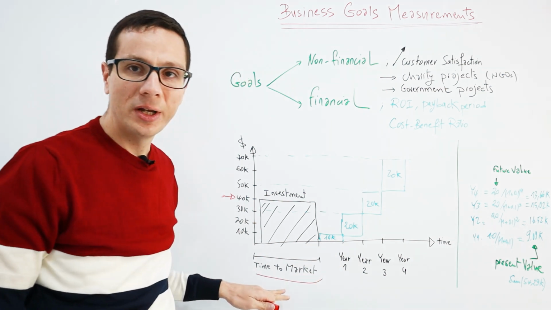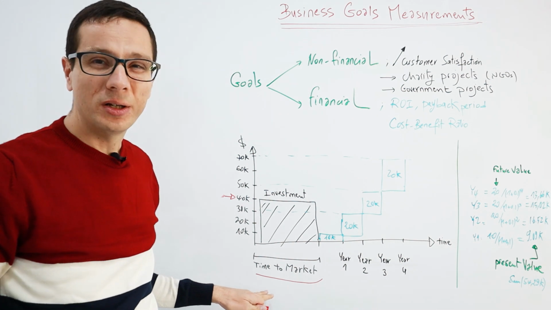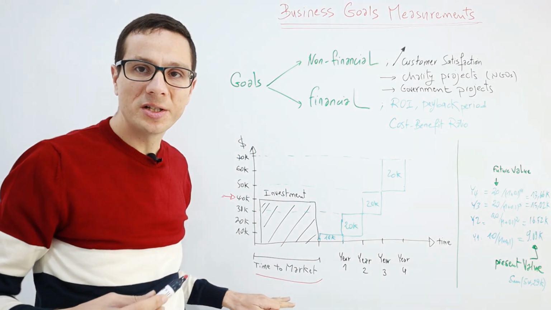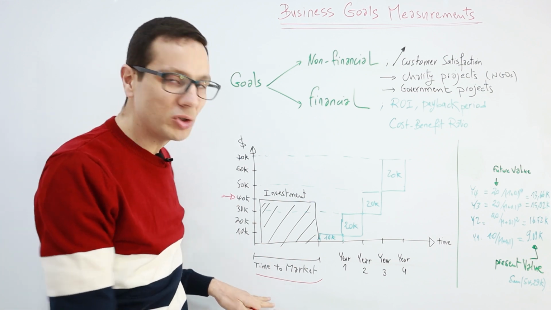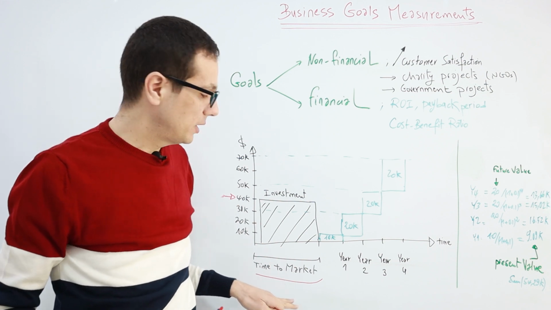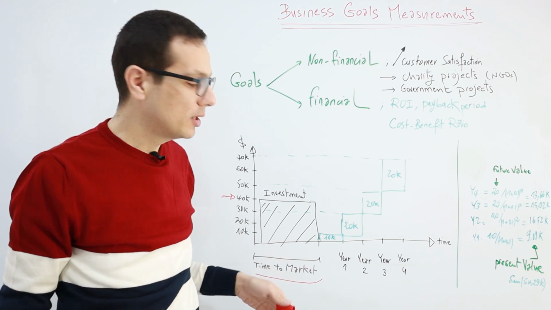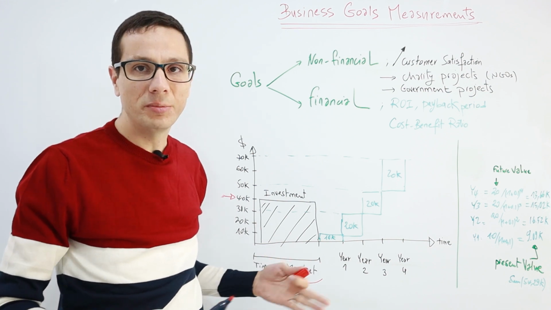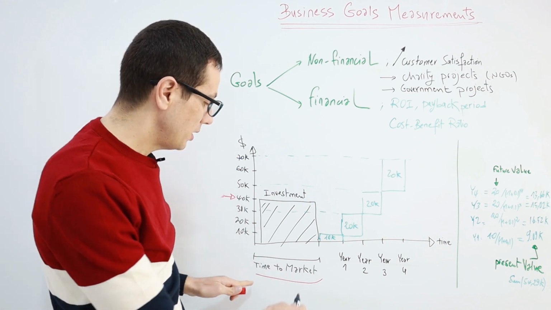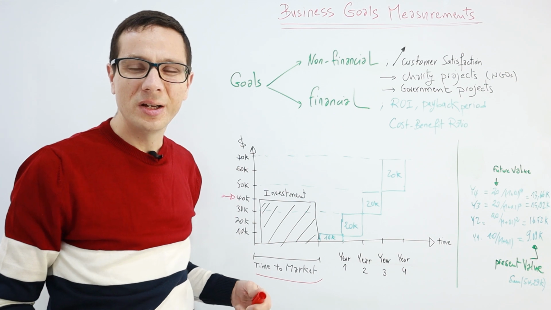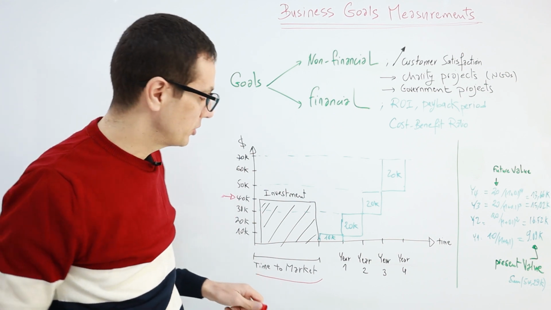This is also another measurement to take into consideration. Some projects are dismissed because the time to market is very long, and by the time you finish the project, maybe competitors already got into the market and the market will be saturated. And the longer the time to market, the less attractive the project will be.